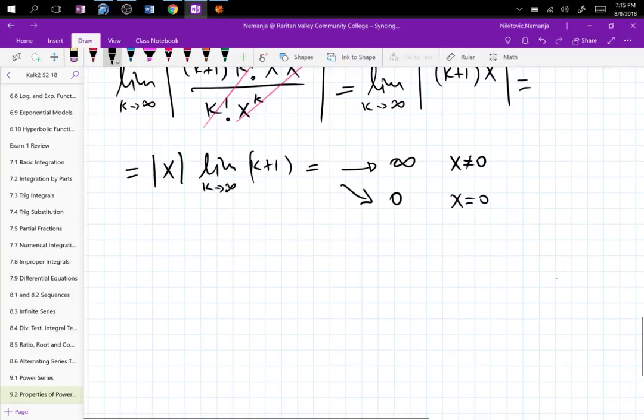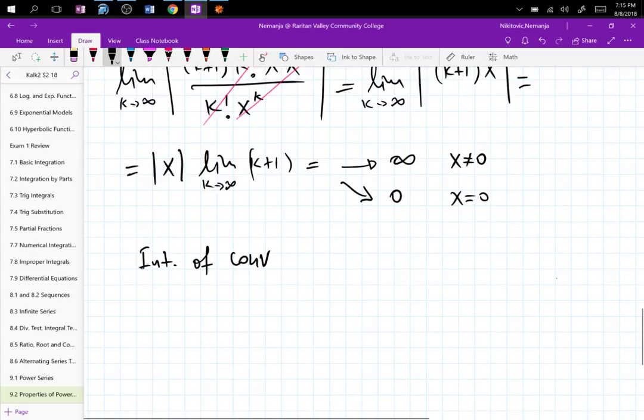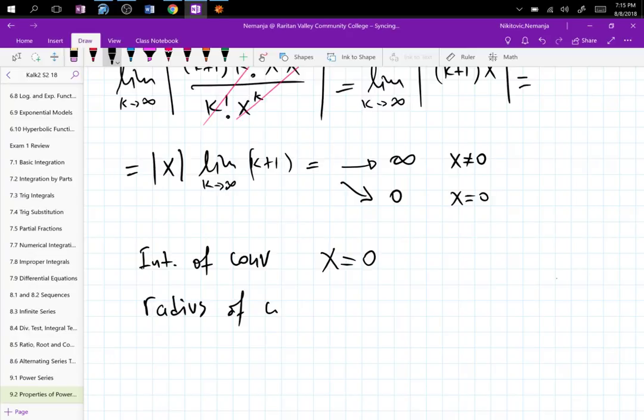So what we claim for this problem is that the interval of convergence is just a single point, x equals 0, and the radius of convergence is r equals 0. It's just a single point, no length on the radius.